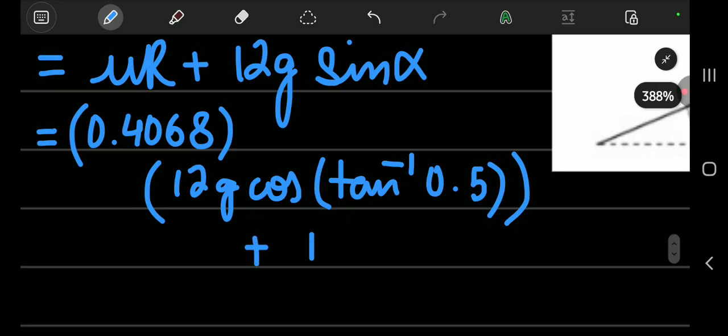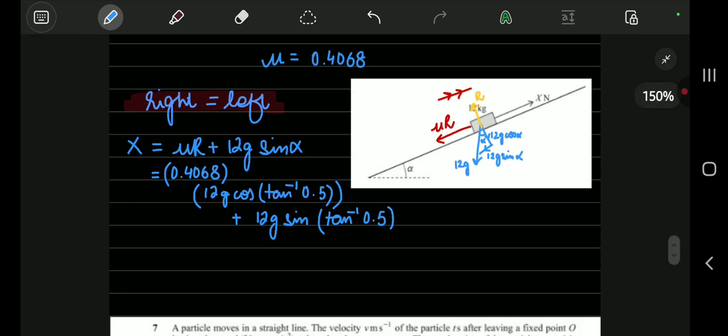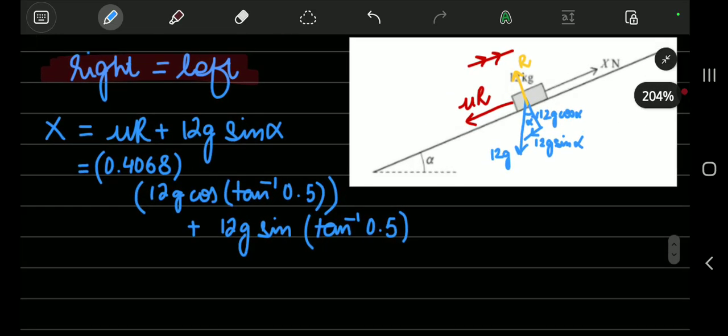Plus 12g sine tan inverse of 0.5. Okay, so this is it.